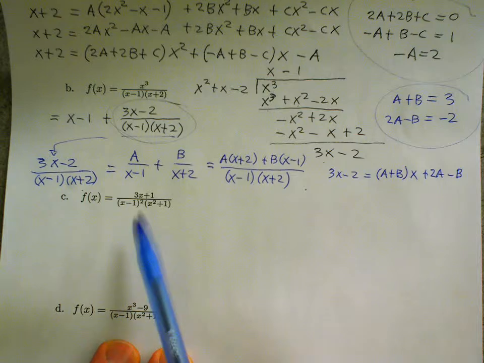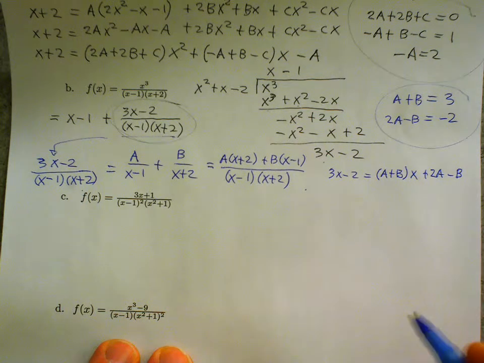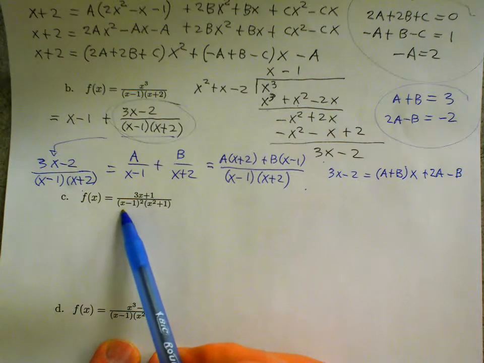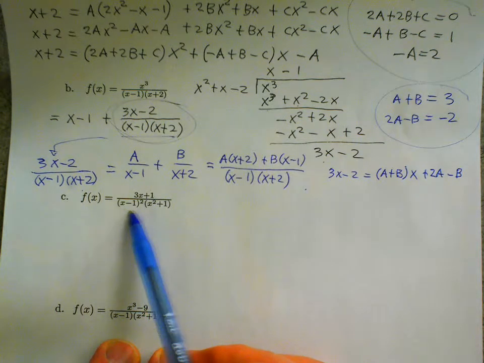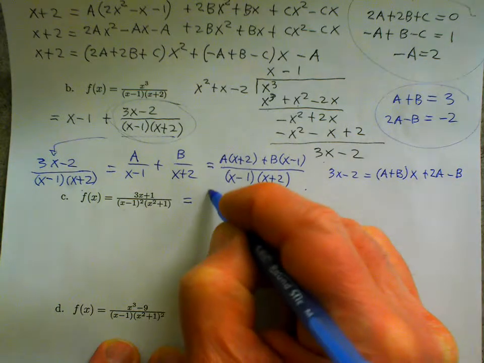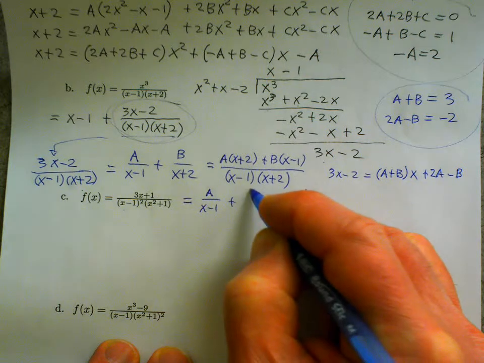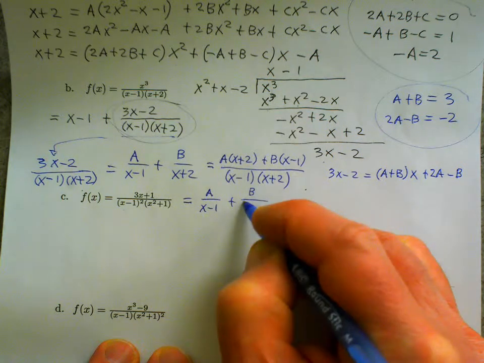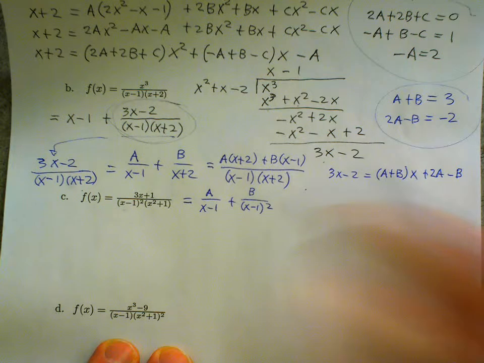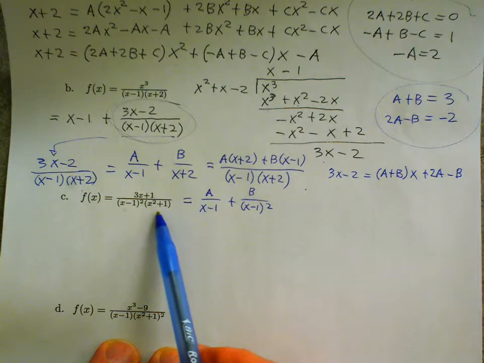The degree of the denominator is 4, the degree of the numerator is 1. This time we have a linear factor x minus 1 to the second. So in the expansion, we have a over x minus 1, and then plus b over x minus 1 squared. And we have an irreducible quadratic factor x squared plus 1.